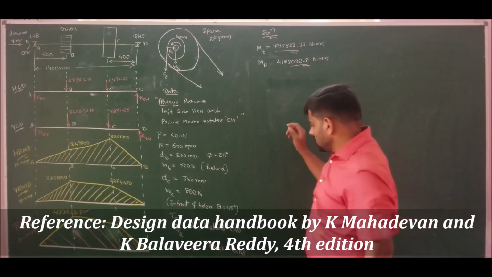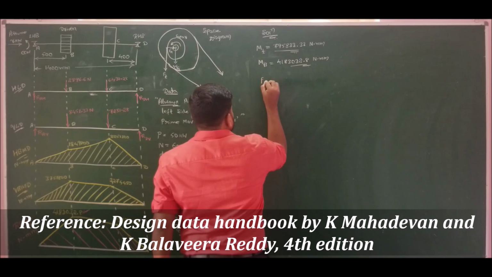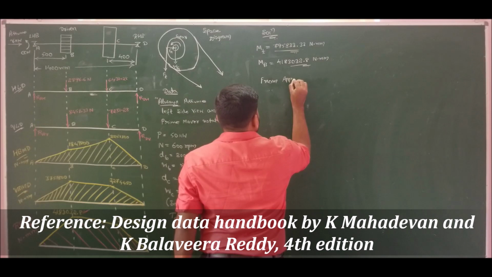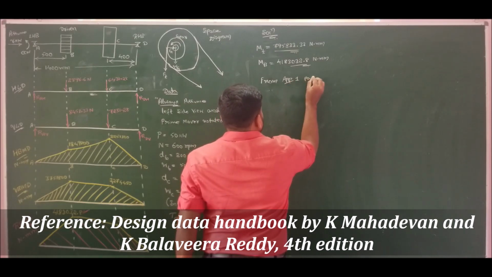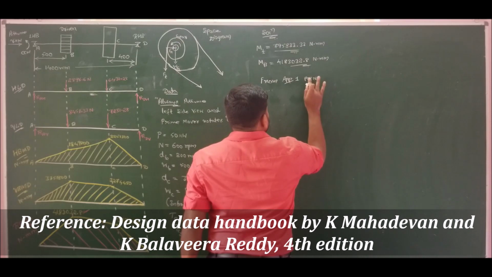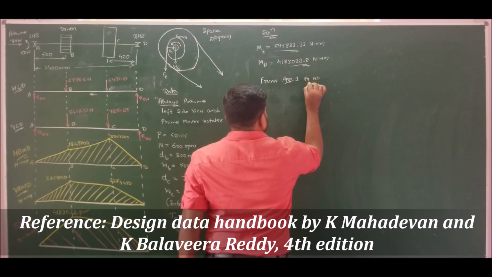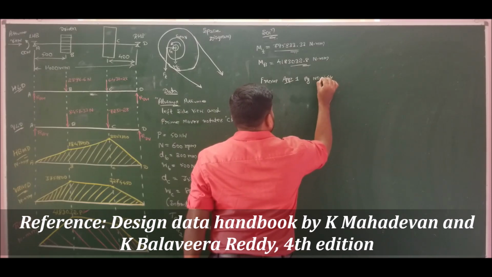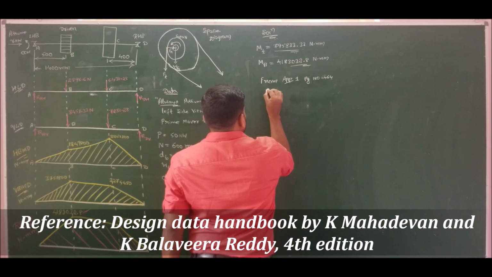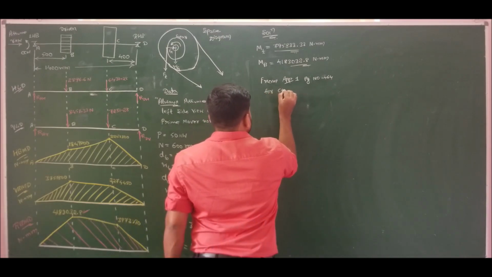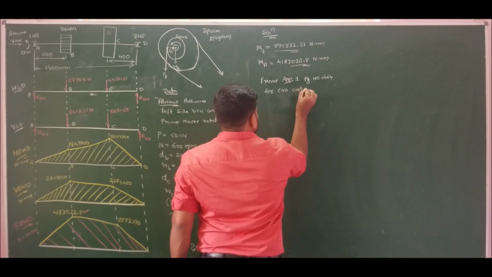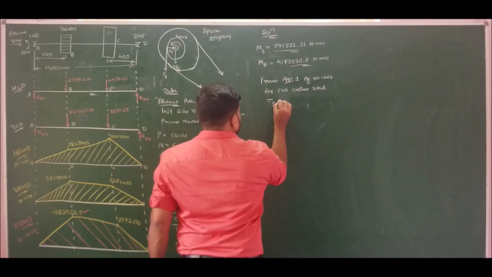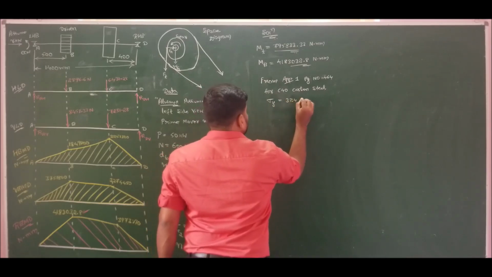So therefore, referring to appendix 1, page number 464, for C40 steel, the yield stress is 324 megapascals.